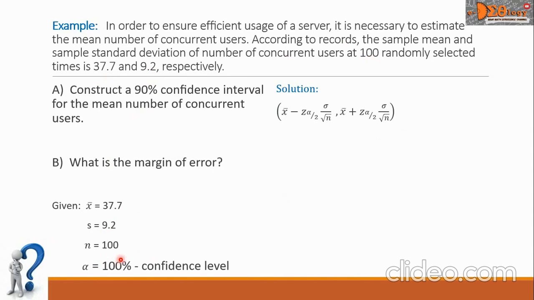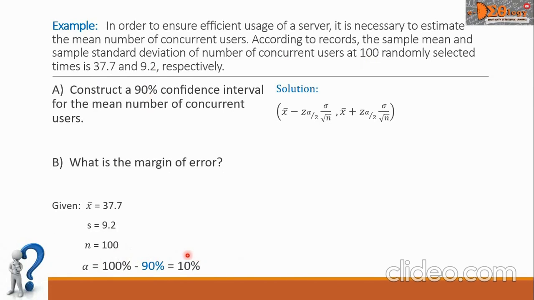Alpha is equal to 100% minus the confidence level. From problem A, we see here that this is 90%. So 100% minus 90% is 10%.